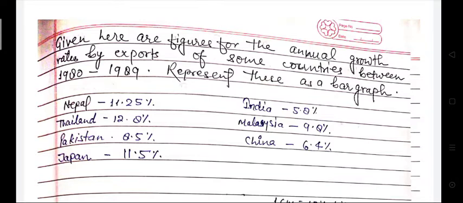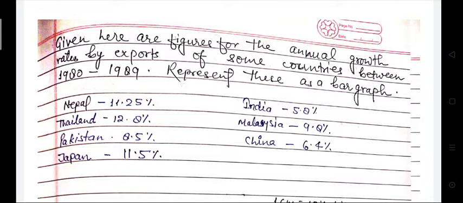The growth rate of Thailand is 12.8%. For Malaysia, the growth rate is given as 9.8%. For Pakistan, 8.5%. China, 6.4%. And Japan, 11.5%. So these data are given.